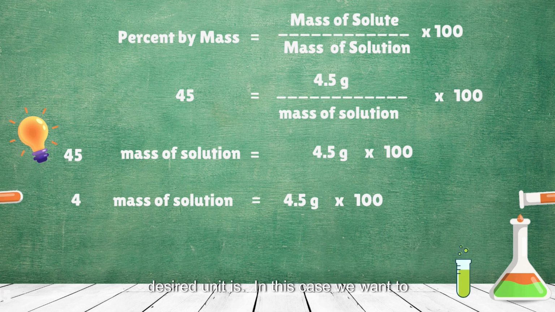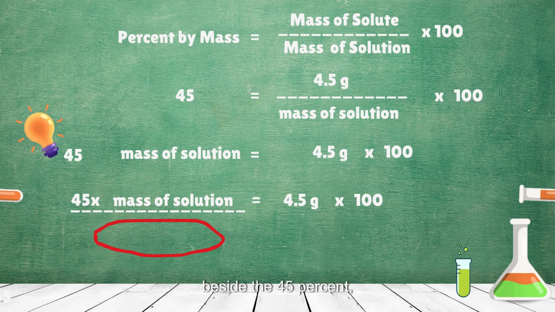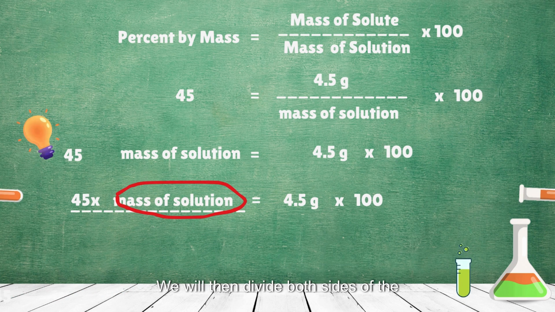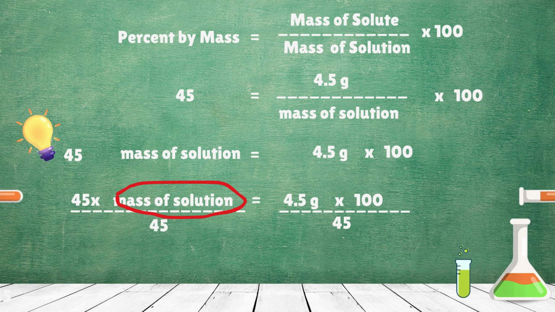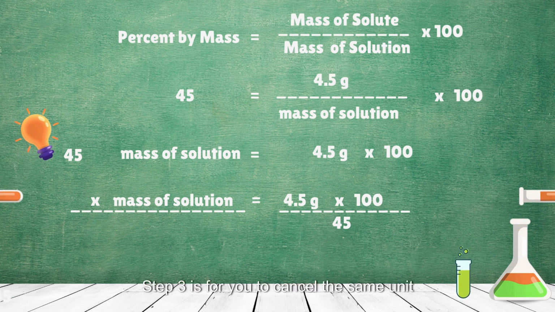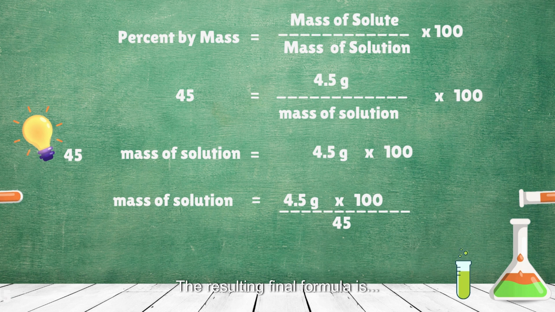In this case, we want to know the mass of the solution. Since the mass of the solution is just beside the 45%, we will then divide both sides of the equation by 45. Step 3 is for you to cancel the same unit or number. In this case, it is the 45. The resulting final formula is.